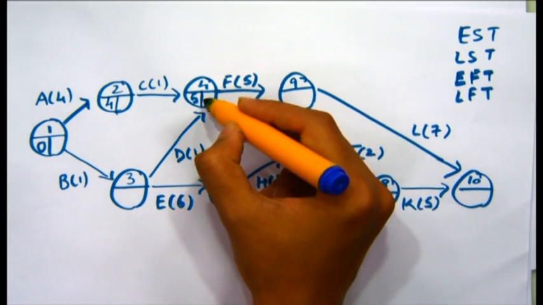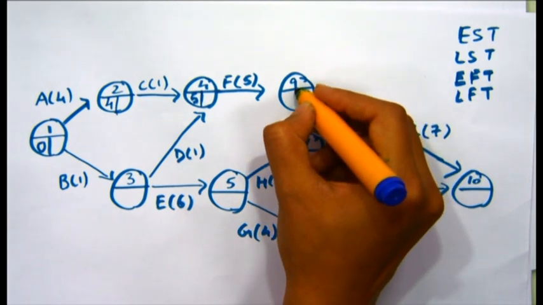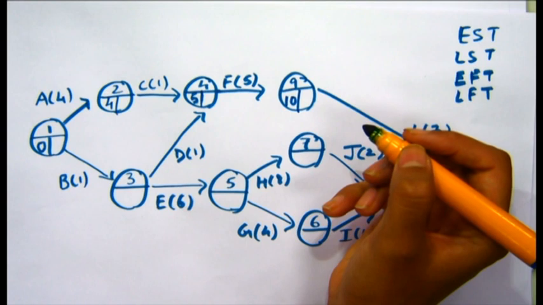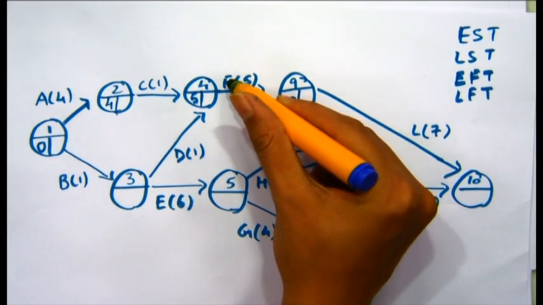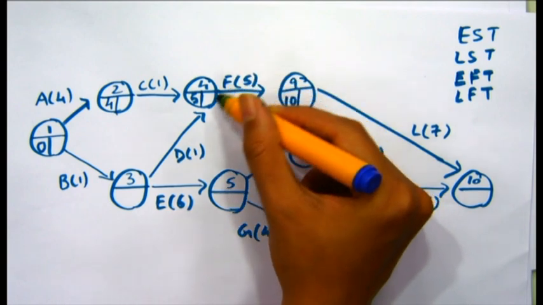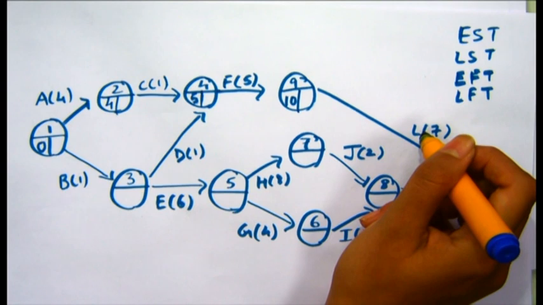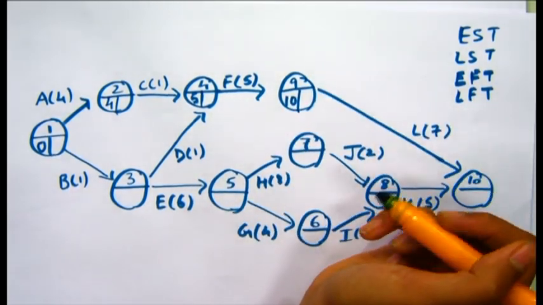We move on and add 5 to this 5 and get 10 here, which means that after 5 days we start activity F, which again takes 5 days, and so the earliest start time of the next event, which is L, would be 10.